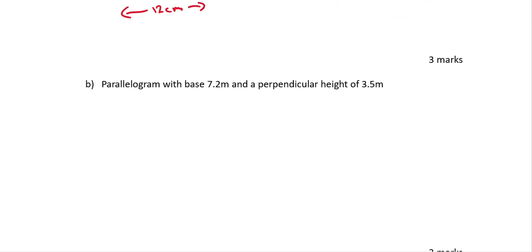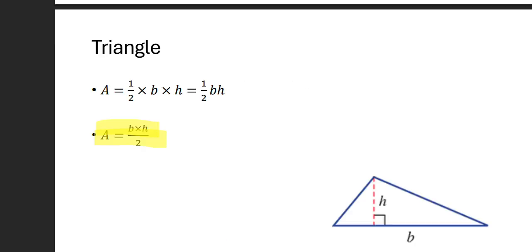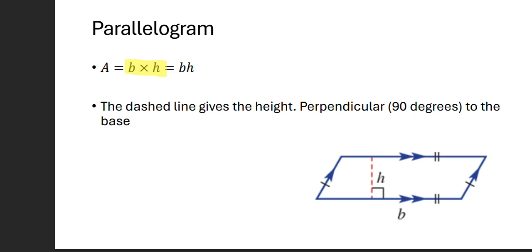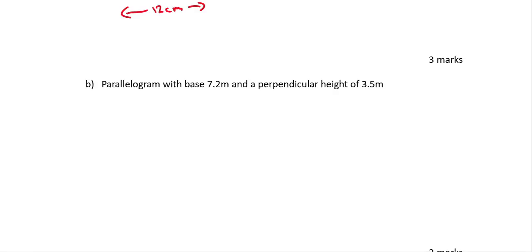Parallelogram with base 7.2 meters and perpendicular height of 3.5. If you don't know what it looks like, just go back to your cheat sheet. It should look like this, okay? It looks like a rectangle that's been slanted. So that's pretty easy to draw. Just draw something roughly. You don't need to make it accurate, as long as it looks somewhat similar.